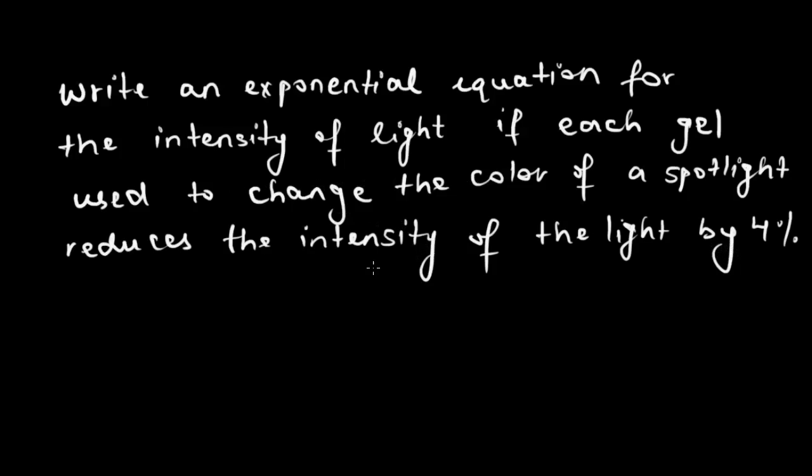So all we have to do is write this in equation form. Any equation we write always follows the basic pattern of f(x) equals ab to the power x, where a is the initial value and b is the change. Here we can see that the intensity reduces by 4%. That means this is a decay rate question.